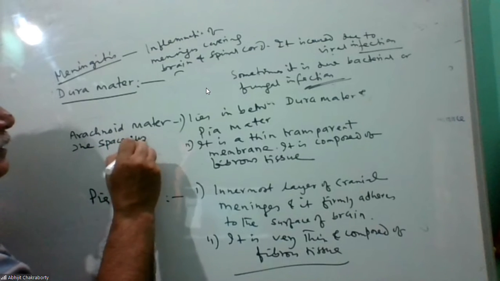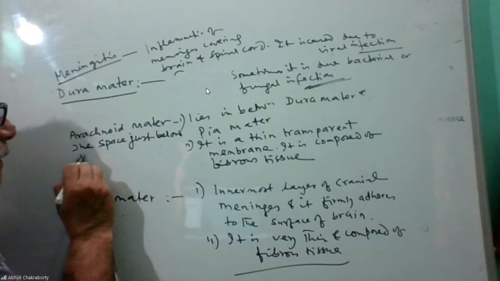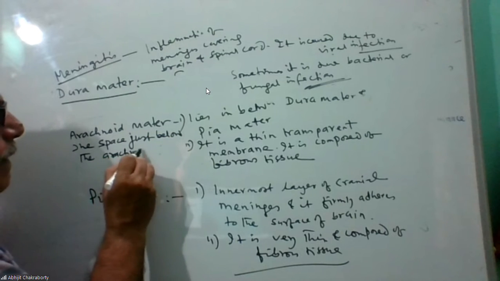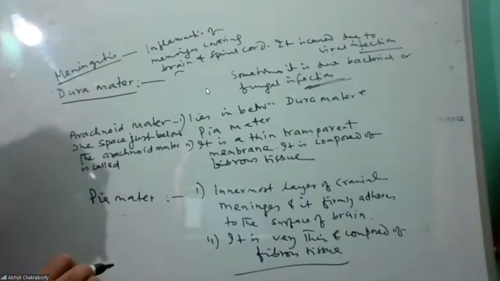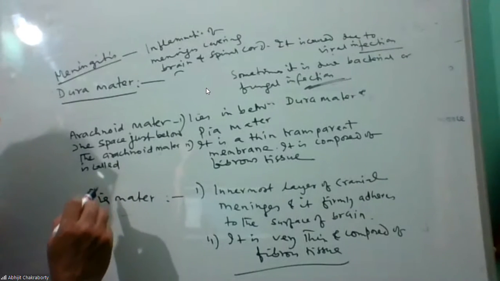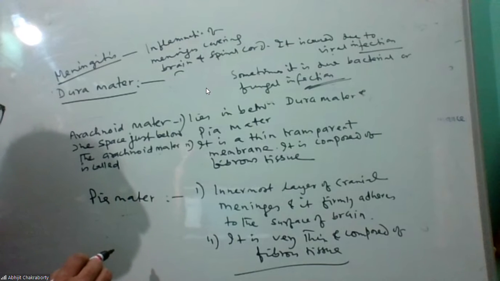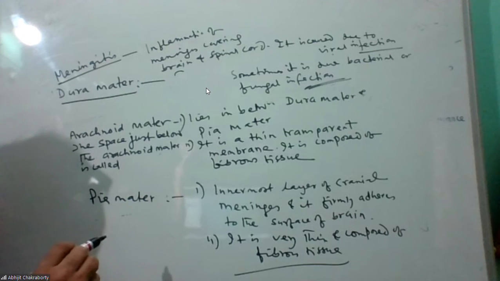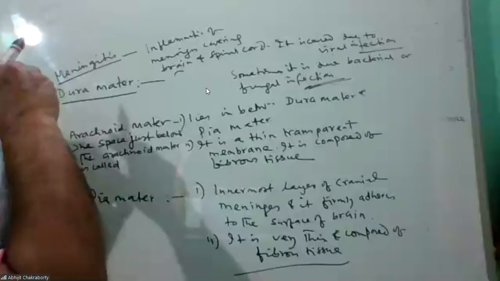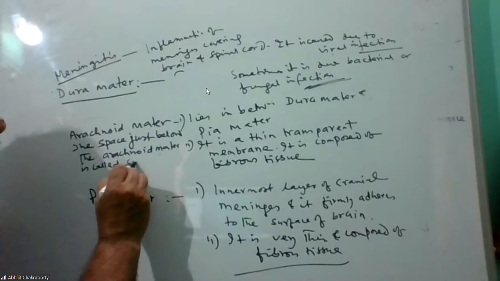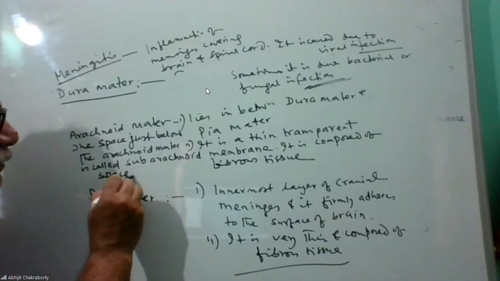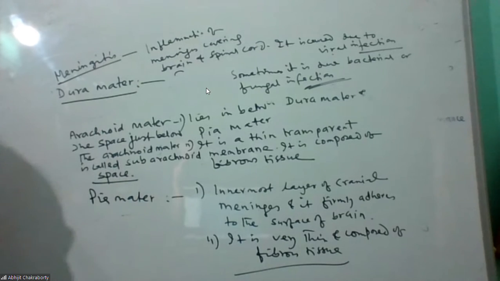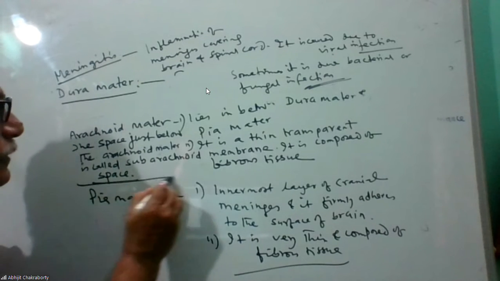The space just below the arachnoid mater is called the subarachnoid space.